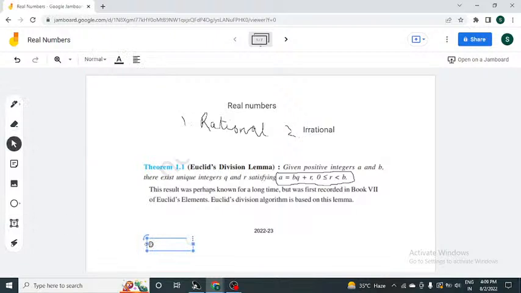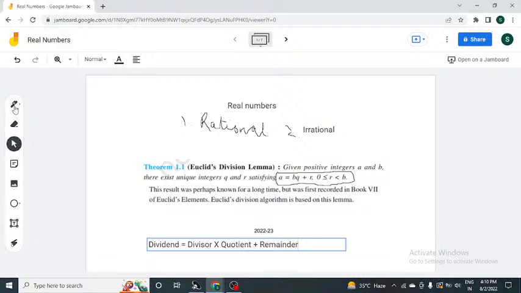We have all learned this, which says that the dividend equals divisor times quotient add remainder.